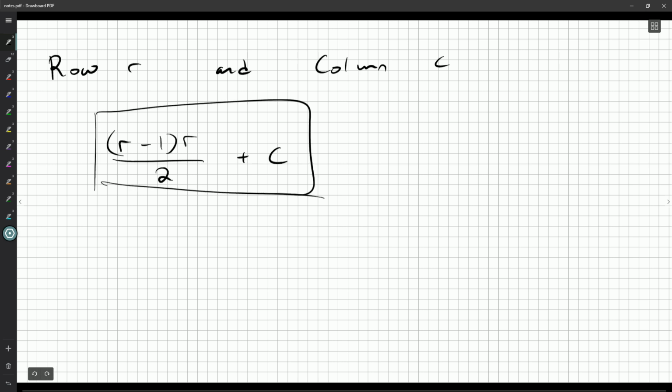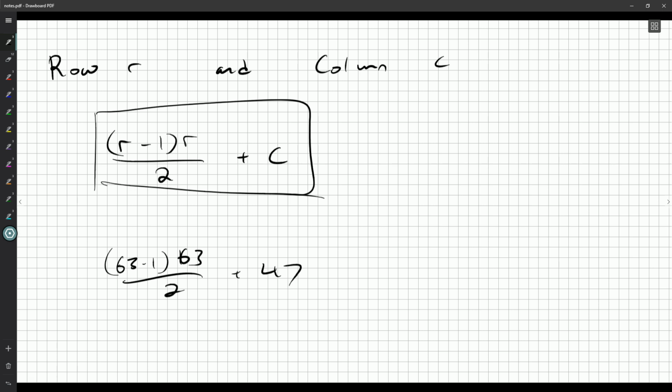Okay. So try and show why this formula works. Use it to double check that, yeah, 2000 really is in the 63rd row and 47th column. Okay? Maybe even try and show that that expression is always unique for any R and C less than or equal to R. Okay? But I think that's it for me, because that's going to wrap up the whole contest there.